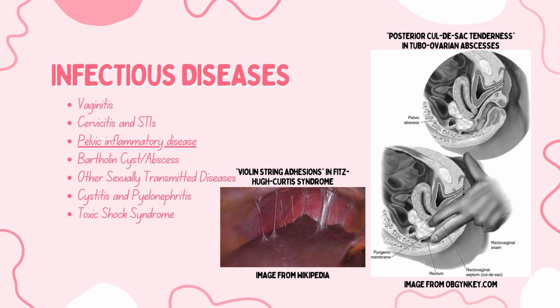But basically you have to do a digital rectovaginal exam, or I suppose you could also do a vaginal exam and then try to prod towards the patient's posterior. So you're moving towards the posterior vaginal wall, if that makes any sense. Basically that is an indication that there's an abscess.